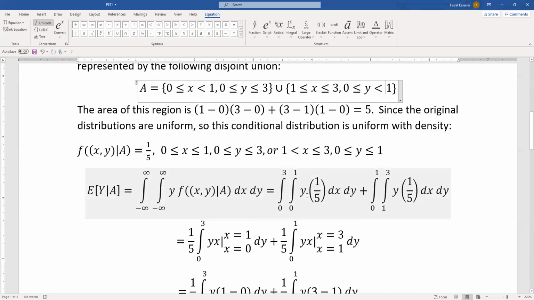So it's y times the PDF, and the PDF is 1/5. And similarly here we have the part where x is between 1 and 3 and y is between 0 and 1, the second part.